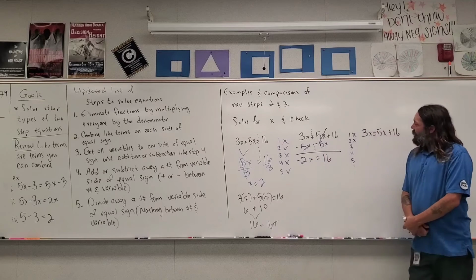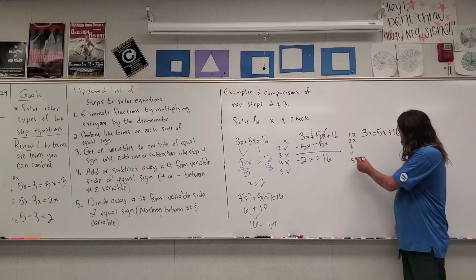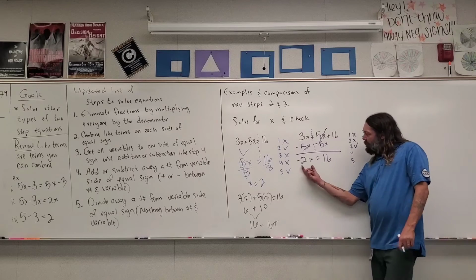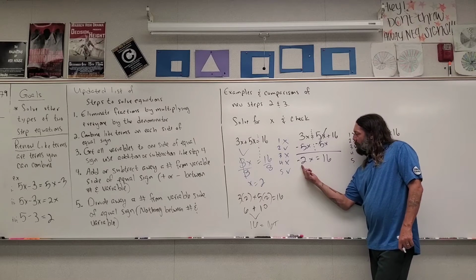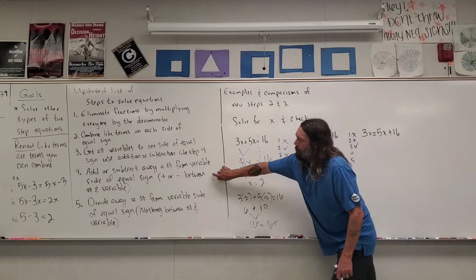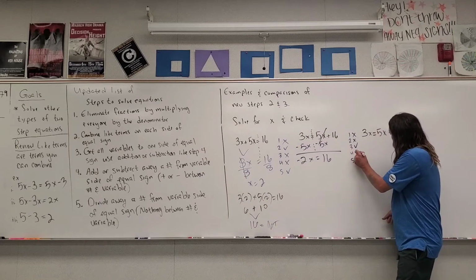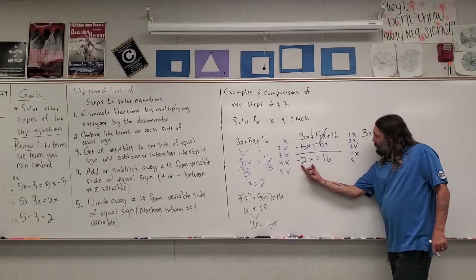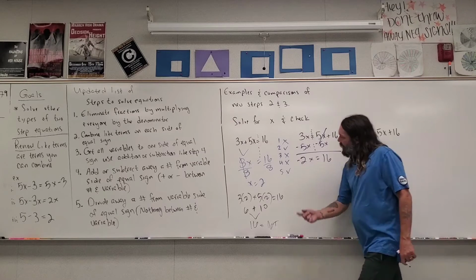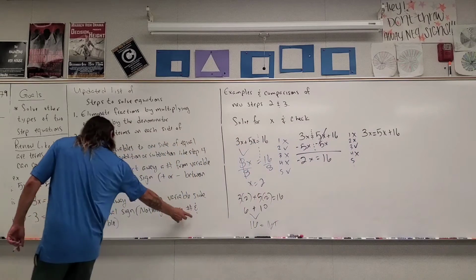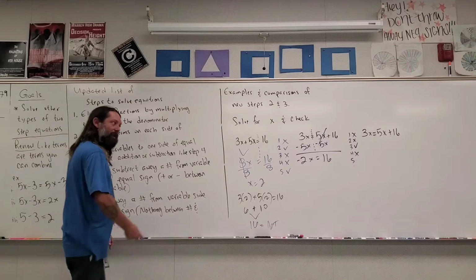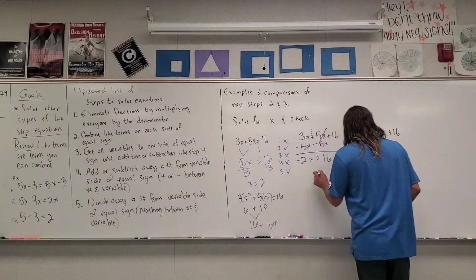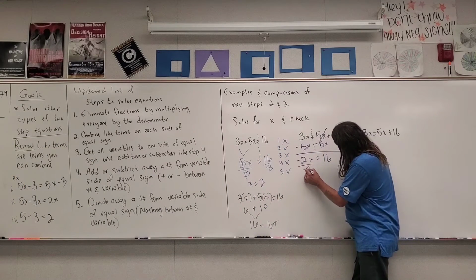I need to look at my 4th step because I just did my 3rd step. Do I have a plus or minus between my number and my variable? For the 4th step, no, I do not. I can, however, do my last step because there's nothing between my number and my variable, so I divide away the number from the variable side. So I'm going to divide away the negative 2.